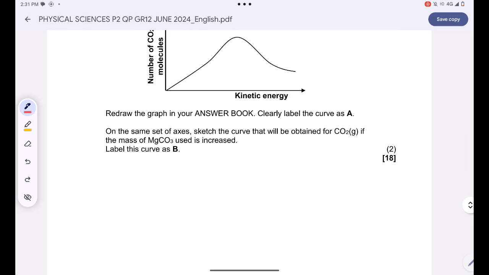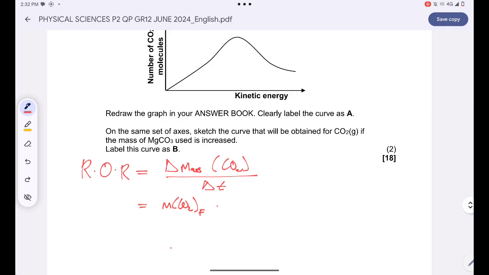We are told that the rate of reaction is equal to 0.25. But I know that rate of reaction is basically equal to the change in mass of carbon dioxide over the unit time. The change in mass is the mass of carbon dioxide at completion minus the mass of carbon dioxide at the beginning of the reaction, all over the change in time.